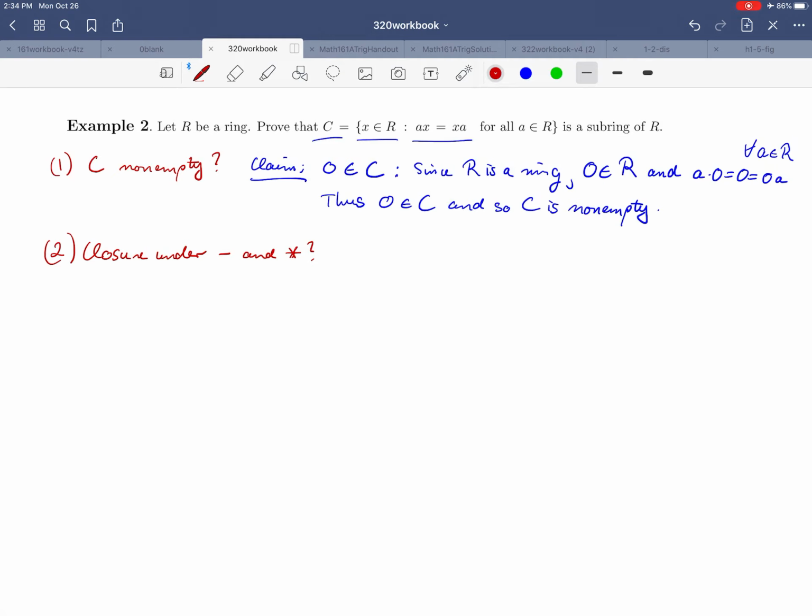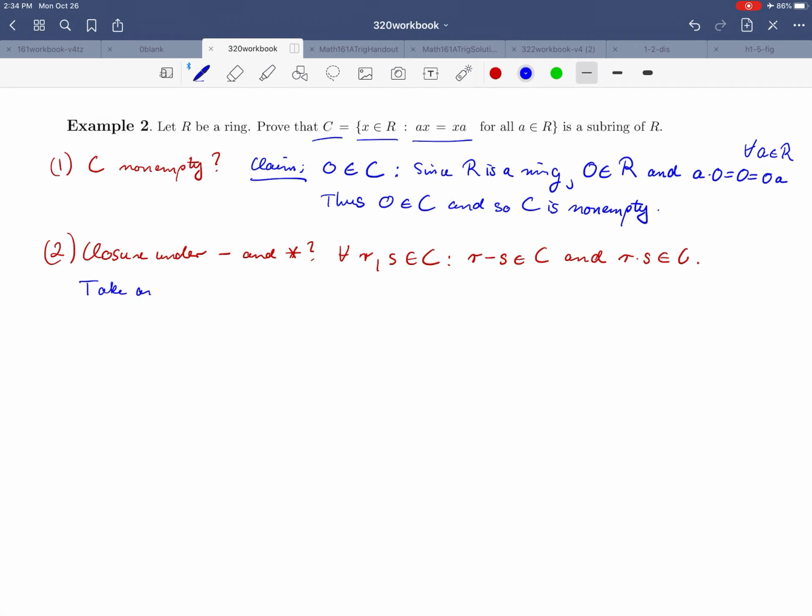But what we mean by that is for all R and S, let's say, in C, we have that R minus S is in C and R times S is in C. So those are the 2 things that we need to show. All right, so let's do it.